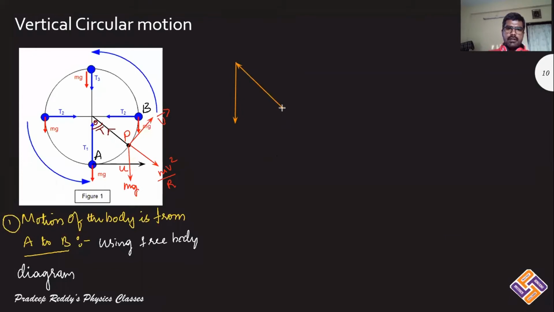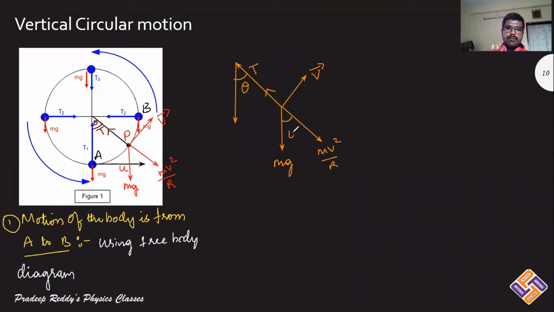This is tension, and this is gravitational force, and this is outward centrifugal force, and this is direction of velocity. Okay, this is V bar. This is m v square divided by r, outward force. Gravitational force is mg, and this is tension T, which is making an angle theta. This tension is in upward direction.